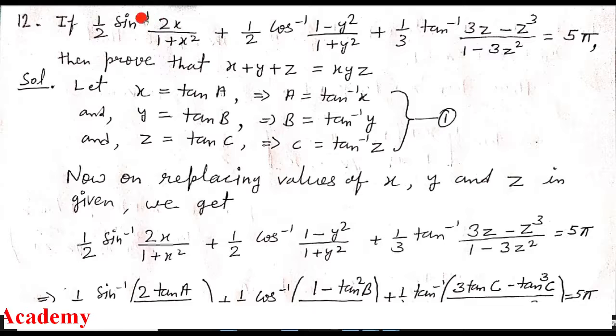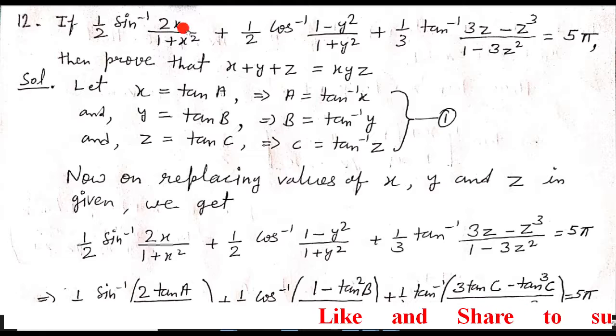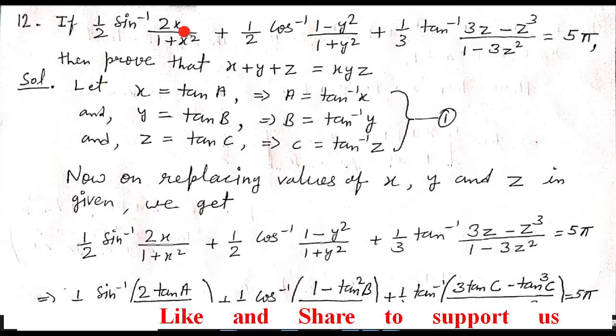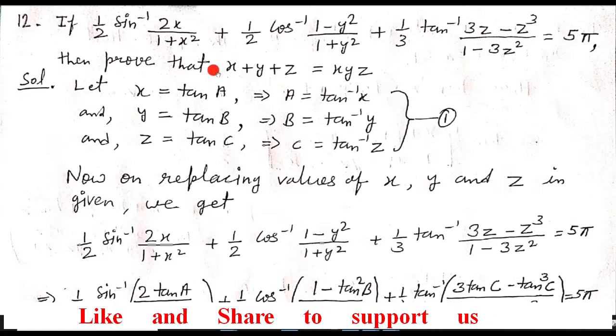So students, you can see all terms are different here. It's not like the previous question where all the trigonometric ratios were the same, so we used a single formula. All are different here, and all the polynomials are also very different from each other. So we require a substitution here.